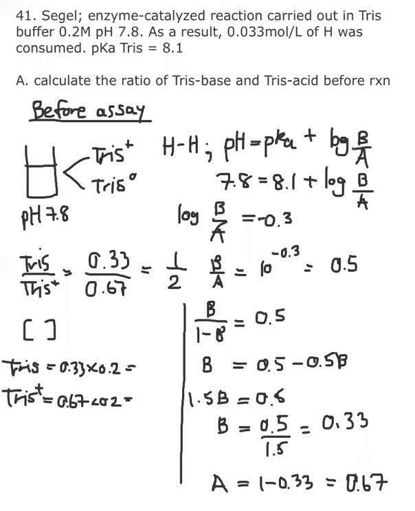The Tris base, you get 0.066 molar, while Tris acid, you have 0.134 molar. That value will be used in the calculation of the final pH in part B. So before the reaction occurs, your Tris buffer contains Tris base and Tris acid at this amount.